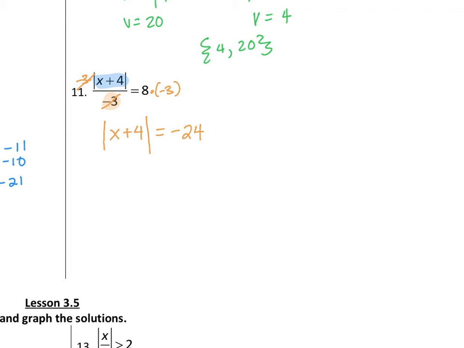Now this is a problem right here. Absolute value equations can never equal a negative number. Even though we didn't start with a negative, when I simplified it, the absolute value on its own ended up being a negative. So this one actually has no solution. This can never happen. There's no number I could substitute that would end up being negative.